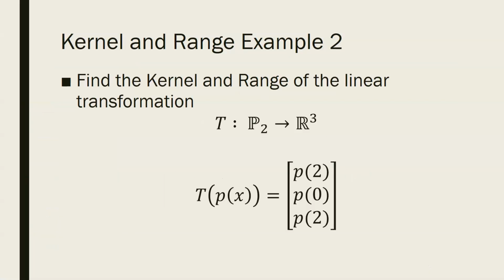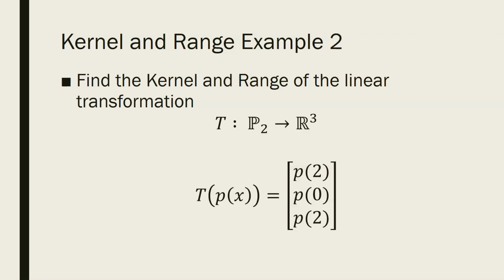Now I want you to look at the next idea here. The next example we had was where we plugged in numbers into our polynomials, p of 2, p of 0, p of 2.